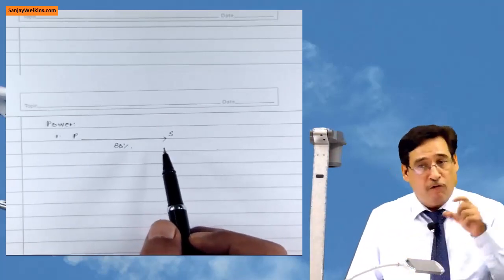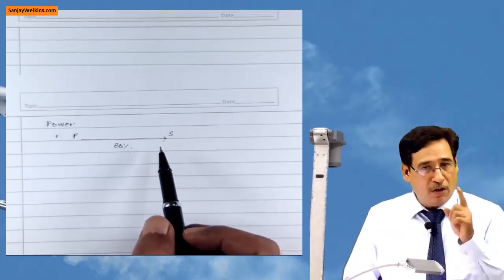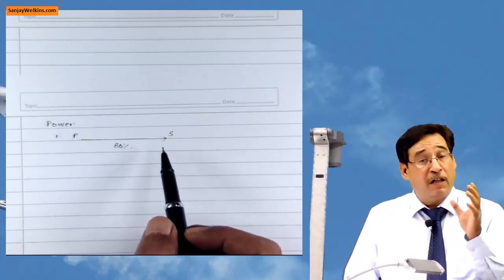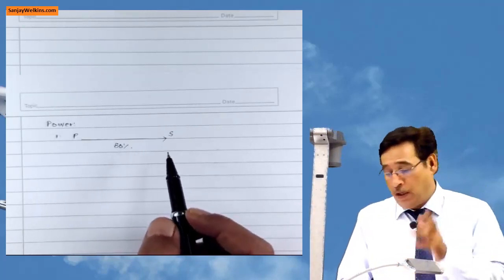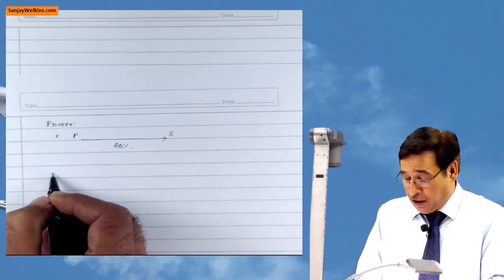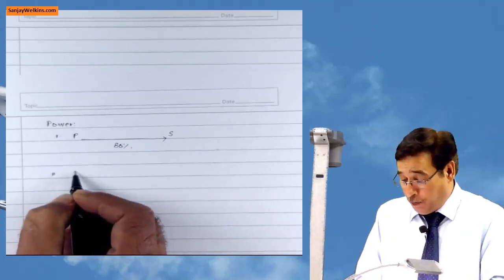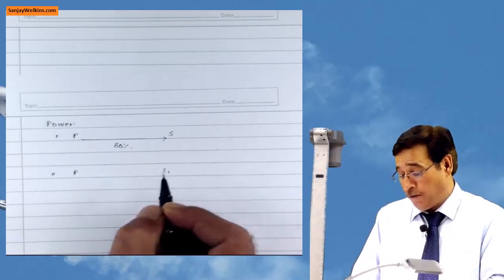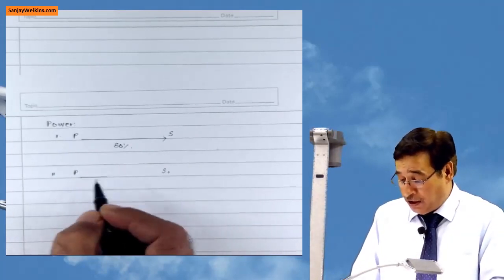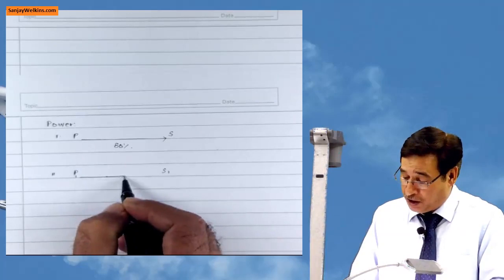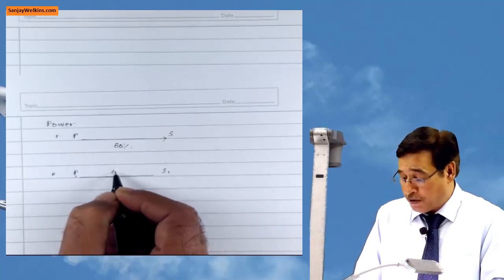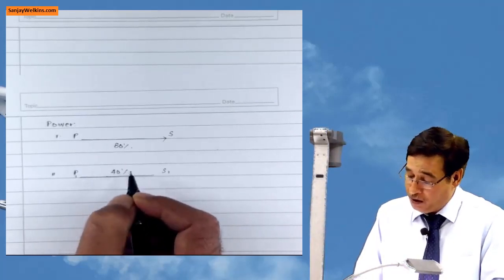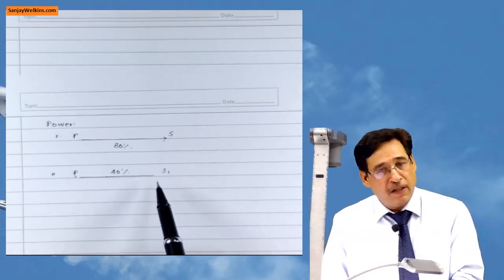Correct? This is one way to see whether we have got the control or not. That means your investment stake matters. It is not a conclusive proof, but it definitely gives you a clue. Let us say there is another case. Suppose there is an entity P and an entity S1. Let us say P has invested in 40% stakes.